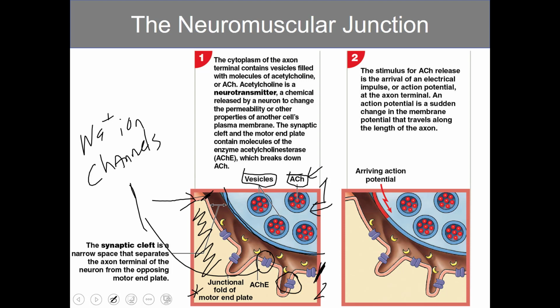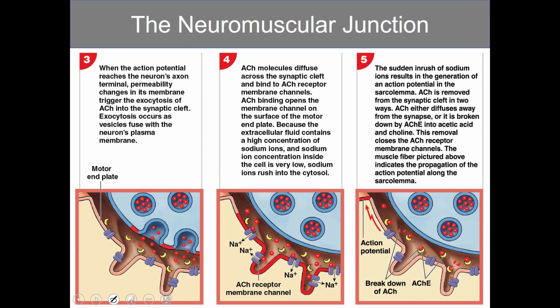All right, step two. A stimulus causes the release of acetylcholine, and you can see here that the stimulus is the arrival of an action potential that has traveled down the neuron to the synaptic terminal. When the action potential arrives, that's going to initiate the release of the acetylcholine, and that's occurring in step 3.